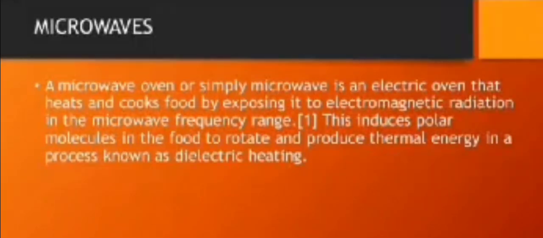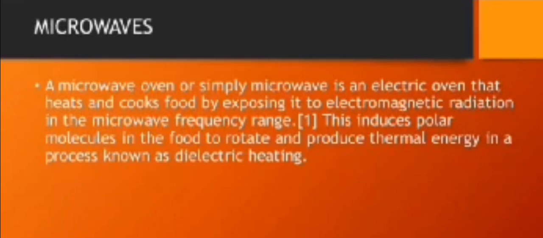So, microwaves. A microwave oven, or simply microwave, is an electric oven that heats and cooks food by exposing it to electromagnetic radiation in the microwave frequency range. This causes polar molecules in the food to rotate and produce thermal energy in a process known as dielectric heating.